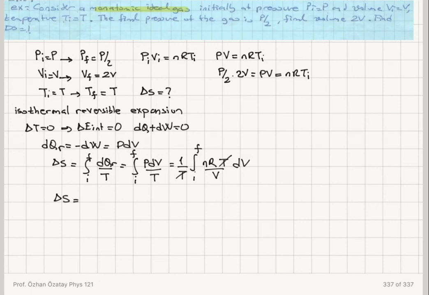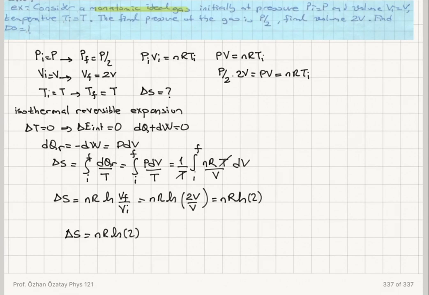The entropy change is going to be nR natural logarithm V final over V initial, and V final is 2V, V initial is V, so it will be number of moles times universal gas constant times natural logarithm 2. So let me keep this answer here, nR natural logarithm 2.